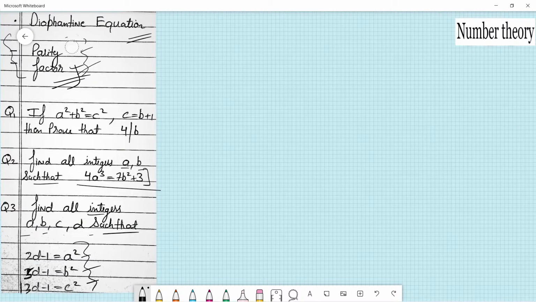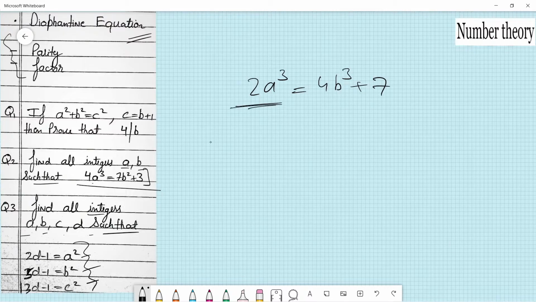And what are these techniques? Okay. First let's discuss what is parity. Parity is nothing but the property of a number, whether it is even or odd. So let's say we write some equation. Let's take 2a cube equals 4b cube plus 7. Say this equation. So the parity of the left hand side is even, since 2 divides the left hand side.